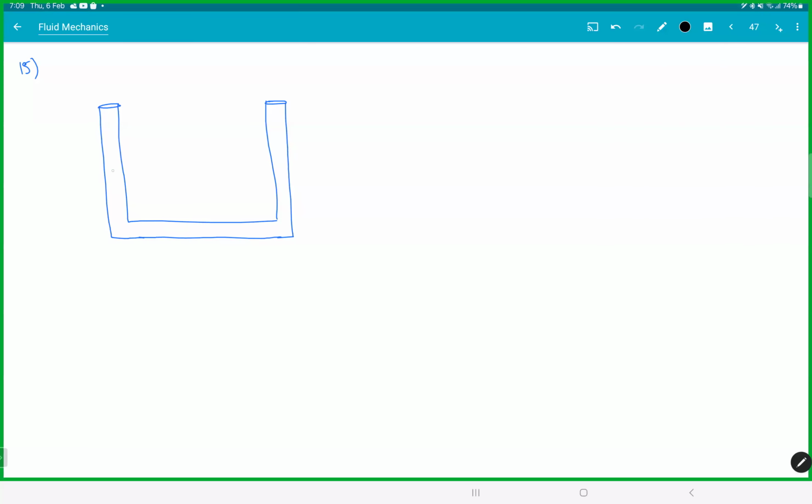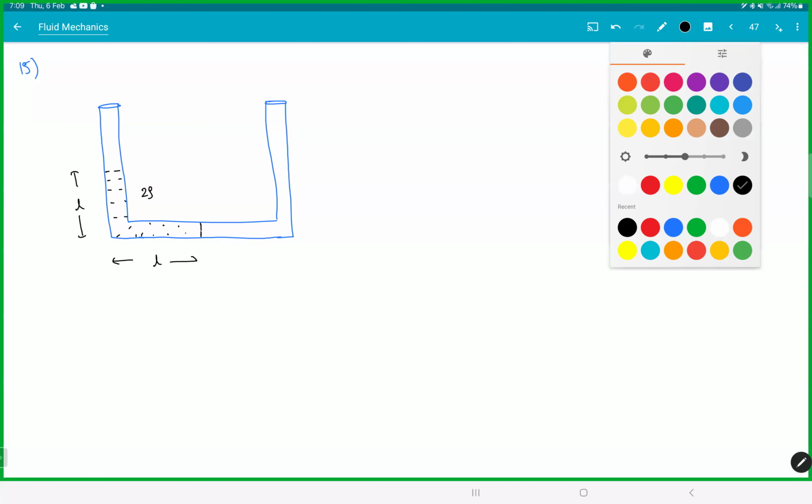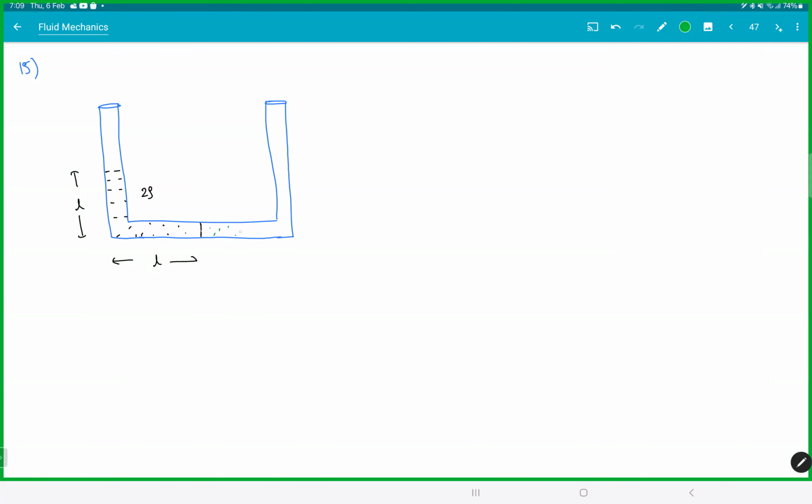On one side, we have a liquid of density 2 rho. This is L, this is L. This is liquid rho. This is L and this is L.